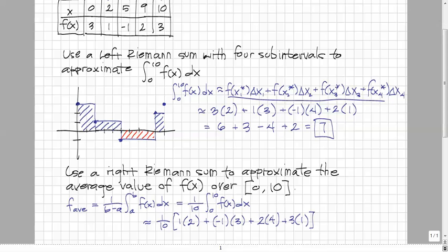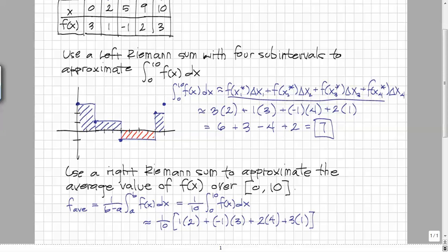So instead of making x1 star the value here at x equals 0, we're changing that to make x1 star the output where x is equal to 2. And that really is going to change the shape of the area that we're finding.